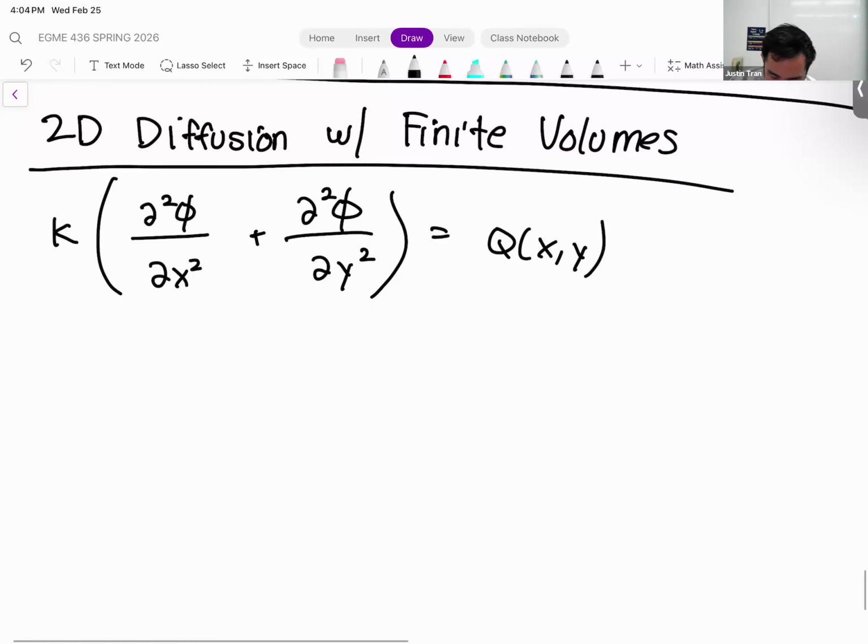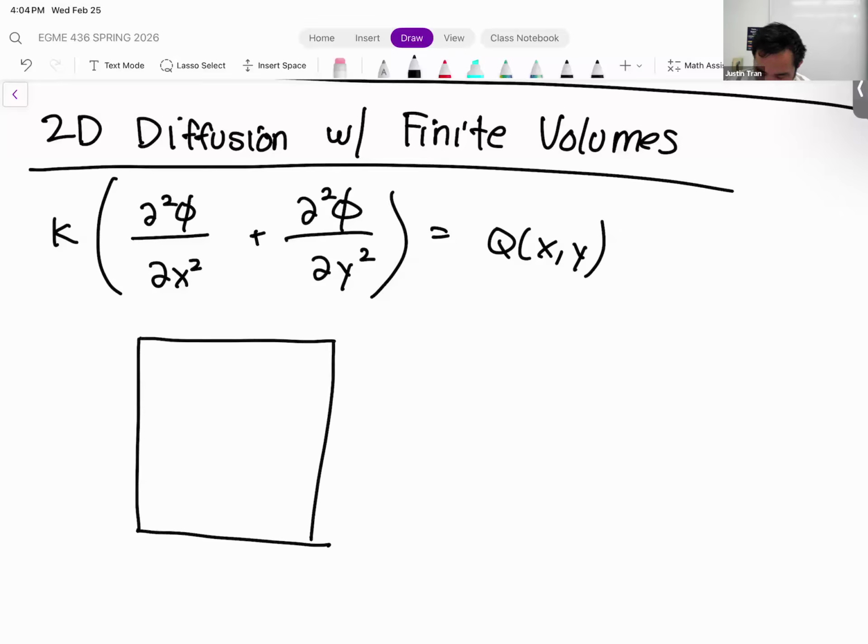In finite volumes, remember the whole process of doing this in 2D is we have our cell here. Through the application of our finite volume technique and some of the integral rules, when we discretize this equation, we essentially have to evaluate 4 different integrals.